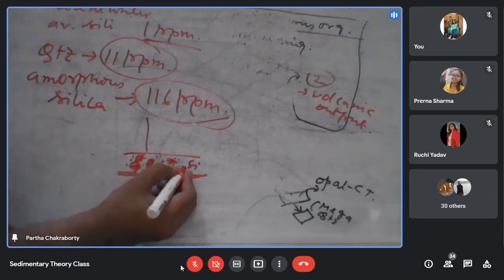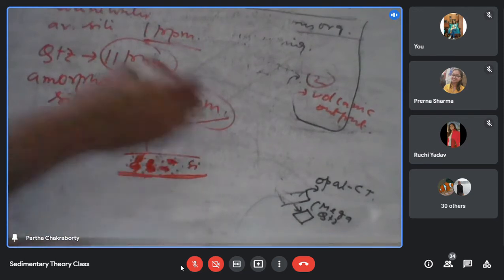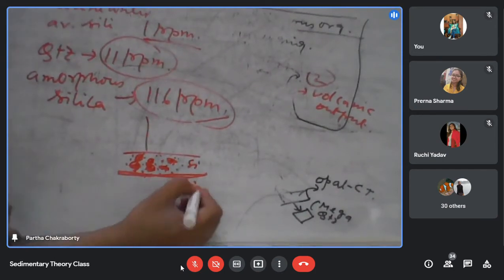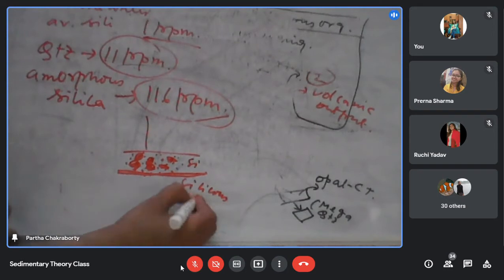If you remember the diagram I had drawn, in the lower part of the diagram I have said that it is a saturated pore water. From there, the siliceous solution is formed.